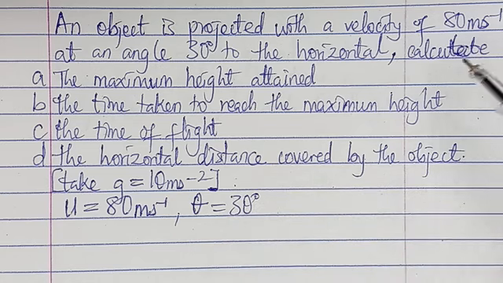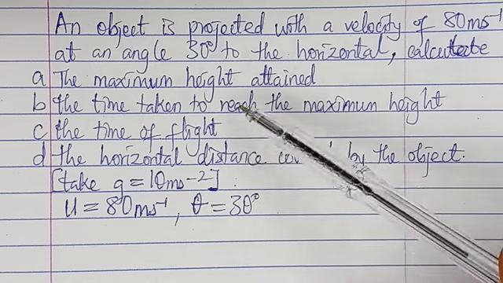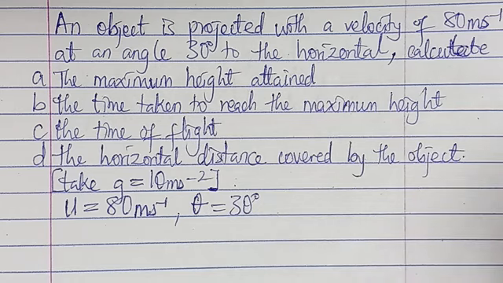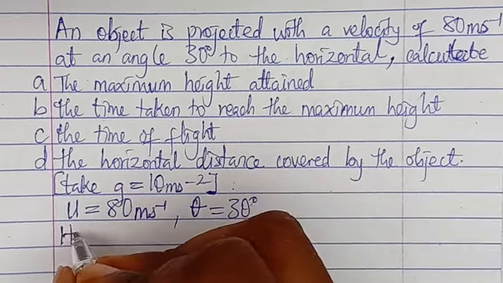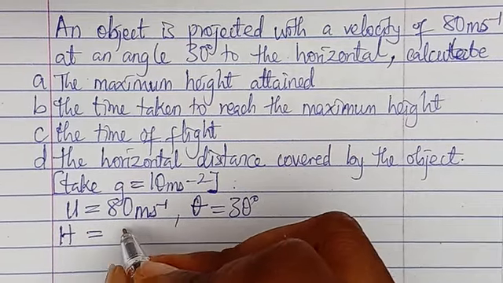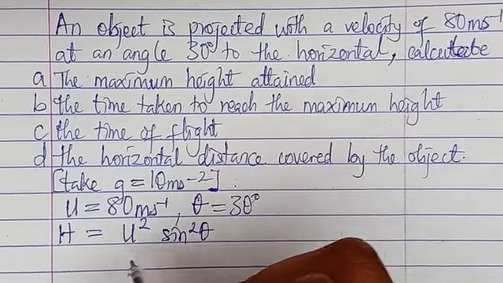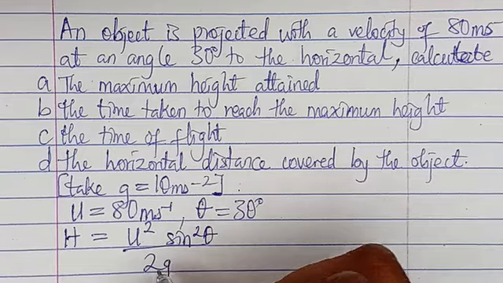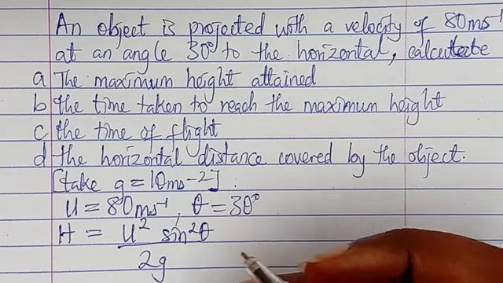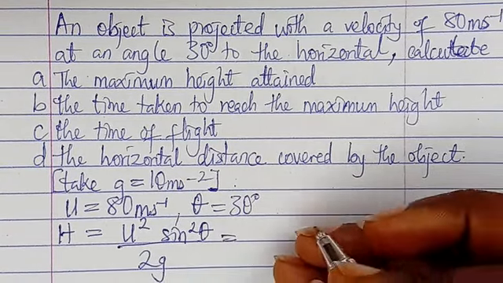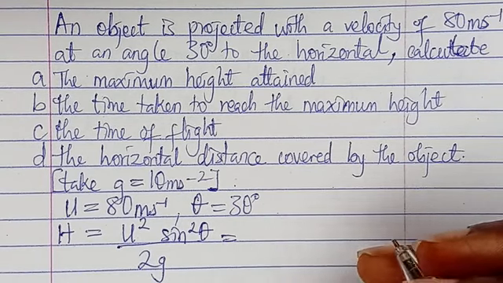So we have to calculate the maximum height and all these other parameters. First, maximum height is equal to u squared sine squared theta over 2g. So this is the formula. You have to memorize it and get used to how to use it.